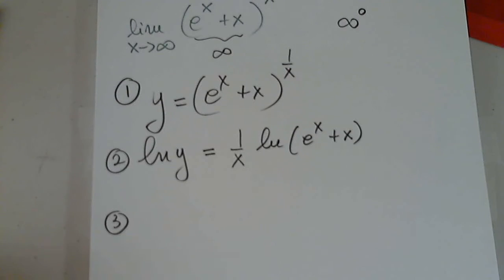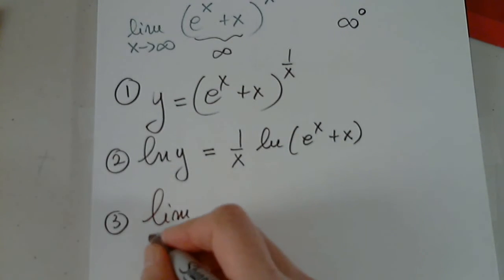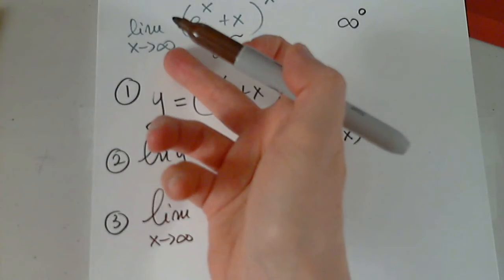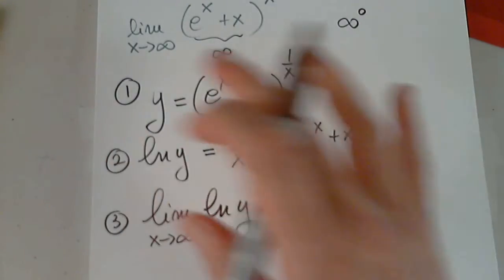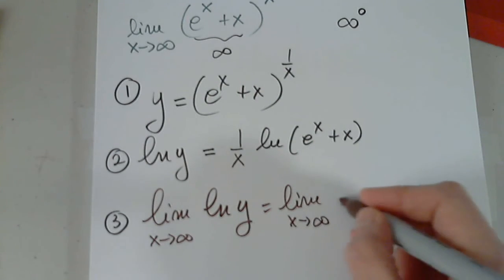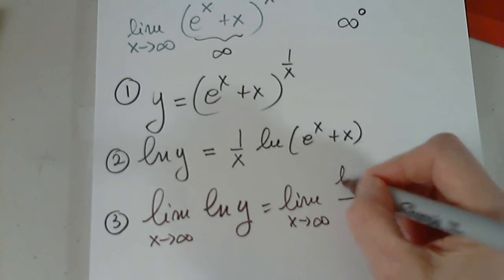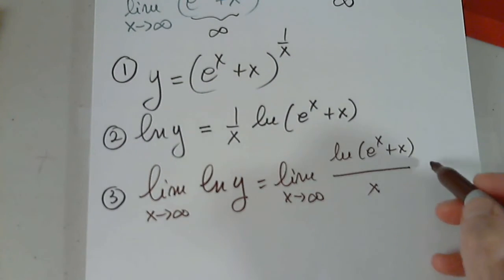But you have to bear with me and allow me to apply limit as x approaches infinity, because that's what I have, to natural log y on this side, and I have to apply it to this side. Limit as x approaches infinity from natural log of e to the x plus x over x.